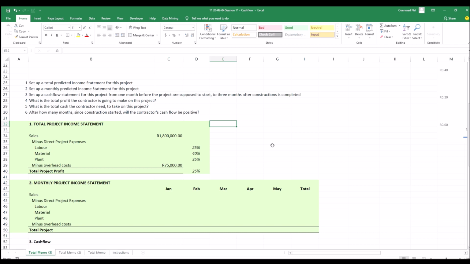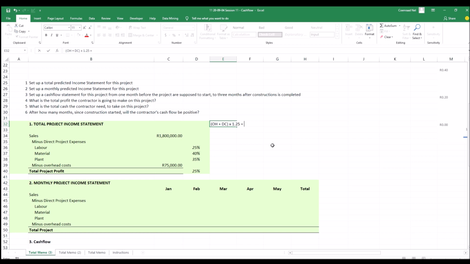What that means is that we take our overhead costs plus our direct project costs, and we multiply that by 1.25, because remember we're adding the 25% to all my costs.